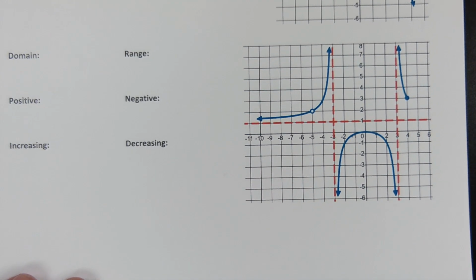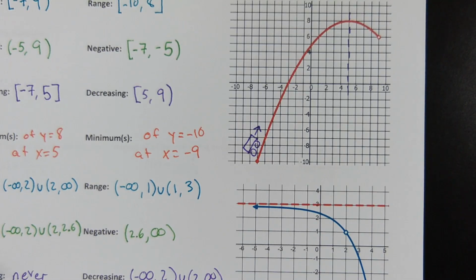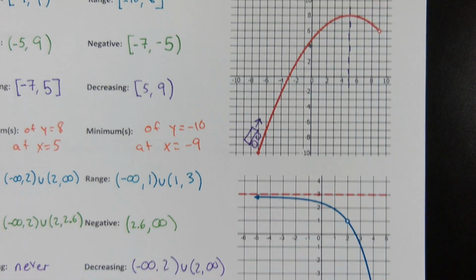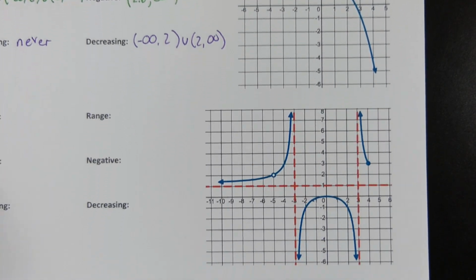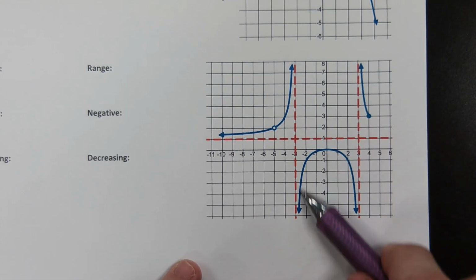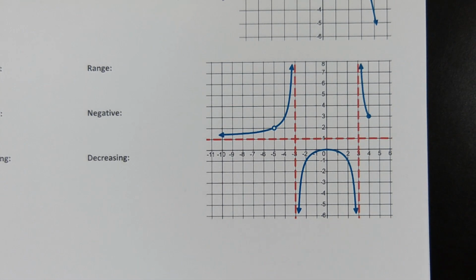All right. So far in these 2 examples, the only time you saw a domain problem was at a hole in the graph. A hole in the graph is a place where the graph does not exist for x values. Another way to see where an x value does not exist is a dotted line like that. A vertical asymptote is another place where the graph simply will not exist.